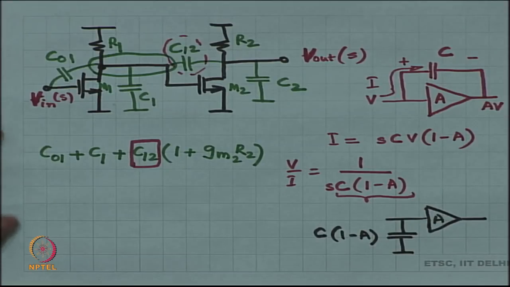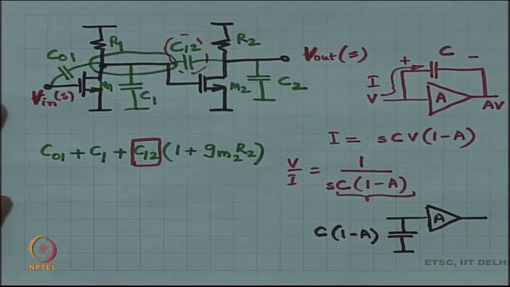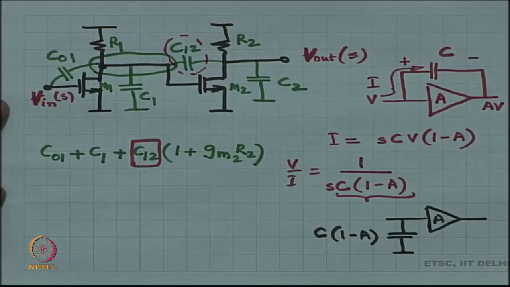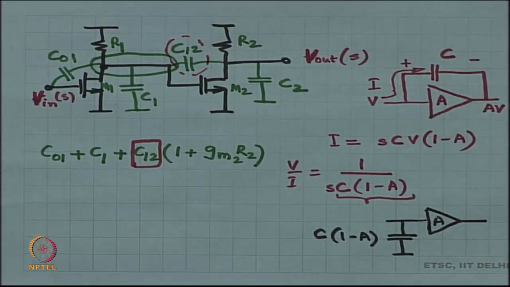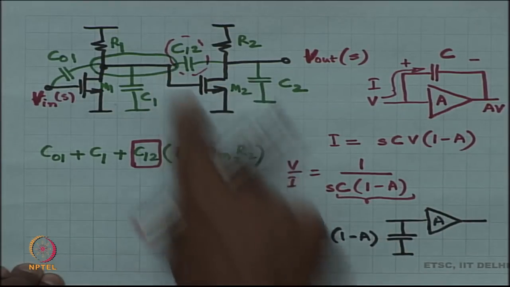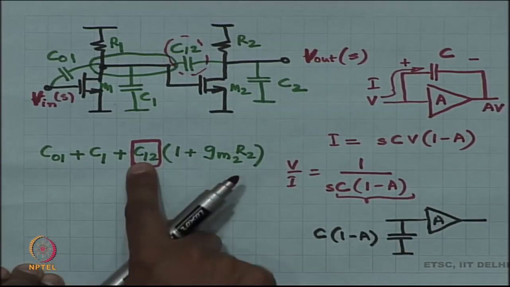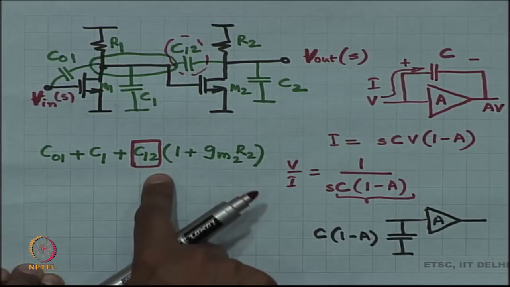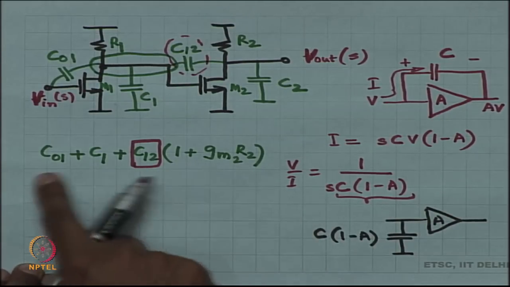Okay. Now, where is the second pole? Now, for the second pole, you have to understand that we are working at a much higher frequency, correct. Clearly, this has to be the first pole because this capacitance is large, this is not the second pole. Okay.